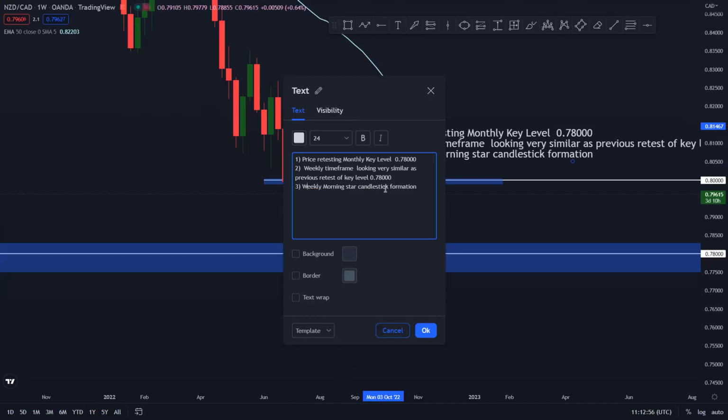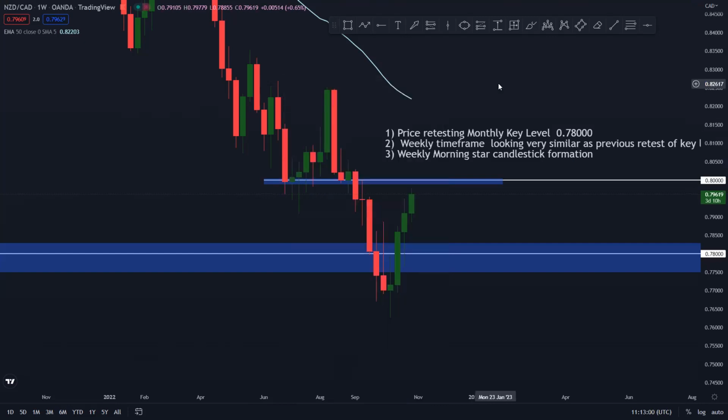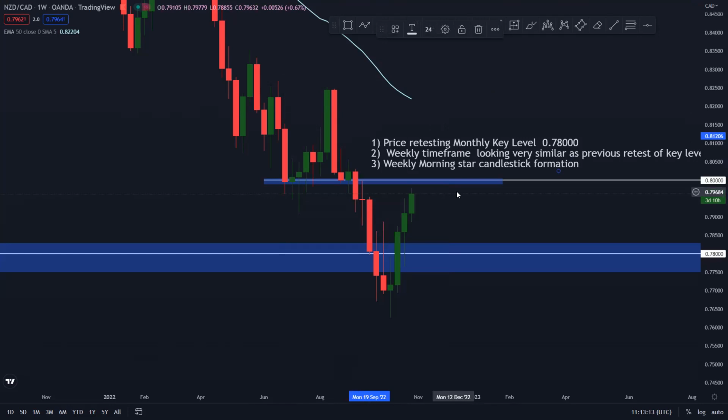And whenever it forms, it tells us that most likely the market direction is going to head in the opposite direction. Now this takes us down to the daily time frame.